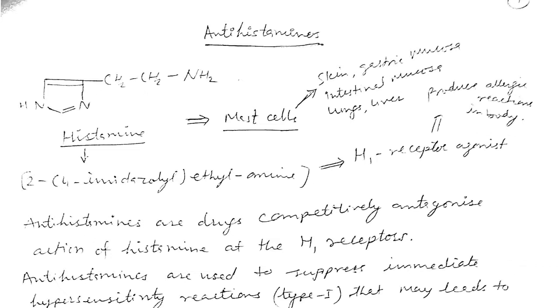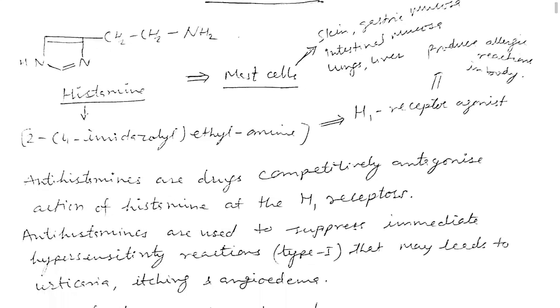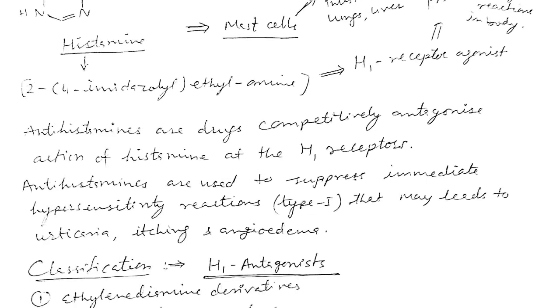I have told you that there are three types of histaminic receptors: the H1, H2, and H3 histaminic receptors.